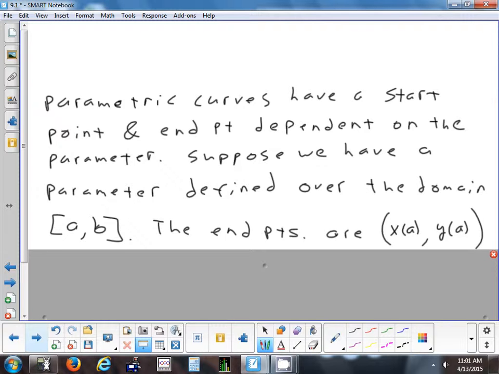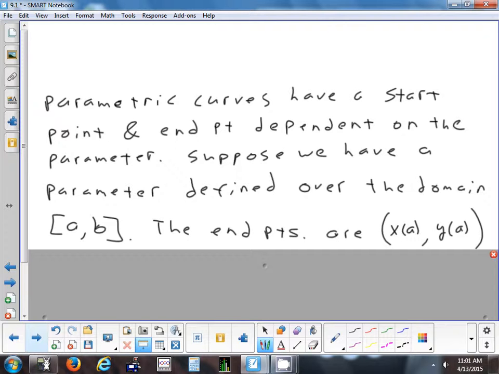Right, so how do you find the endpoints of the curve? Well, you have a starting point for your interval, and you have an ending point. You have a function that gives you your x values and a function that gives you your y values. So take your equation that gives you the x values, plug in the starting point of the interval.